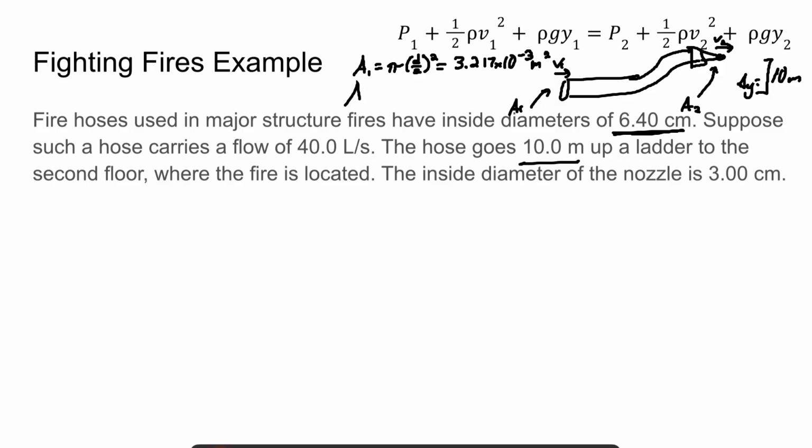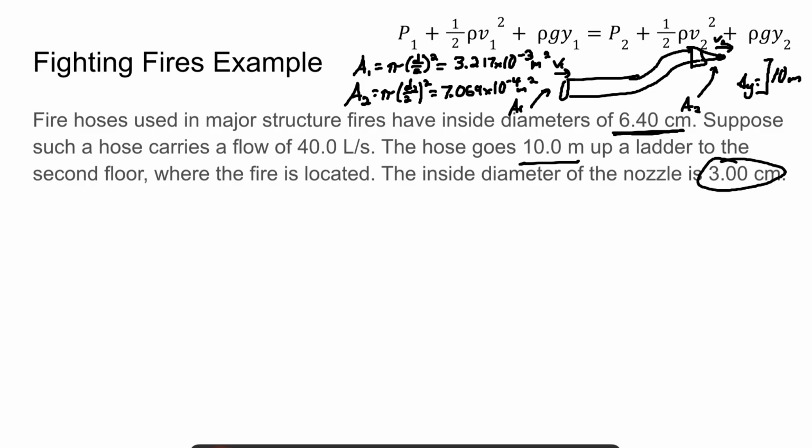Then the area at the nozzle is going to equal pi times half the diameter at the second point squared. Since the nozzle has a diameter of 3 centimeters, that gives us an area at the nozzle of 7.069 times 10 to the negative fourth meters squared.